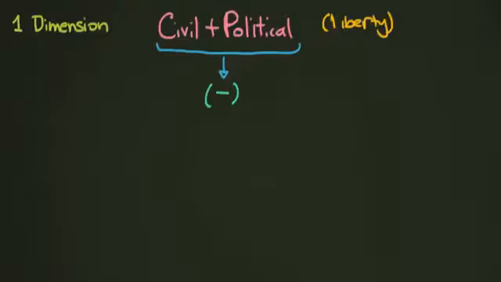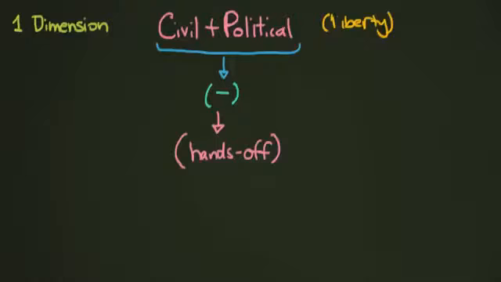And negative rights are hands-off rights. So this means that the organization or the country or whatever sort of group is involved has to keep their hands off of the people who are expressing these rights.